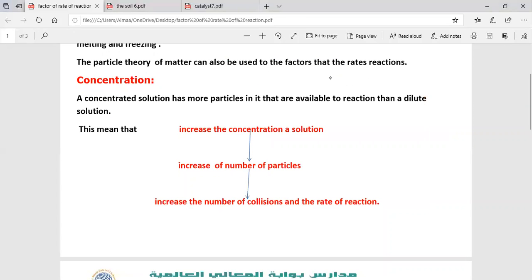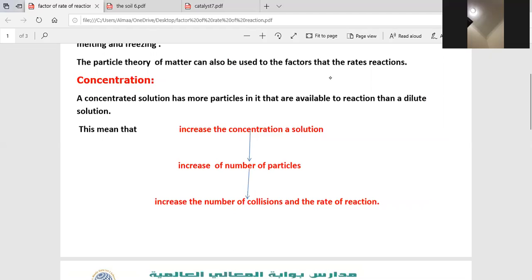Increase the concentration of the solution, increase the number of particles, increase the number of collisions, and so increase the rate of reaction. This diagram explains this point.